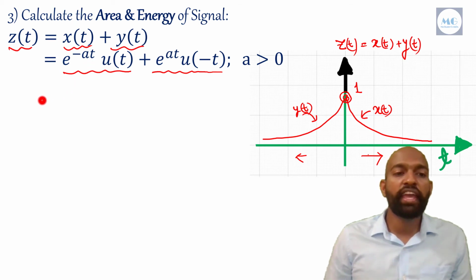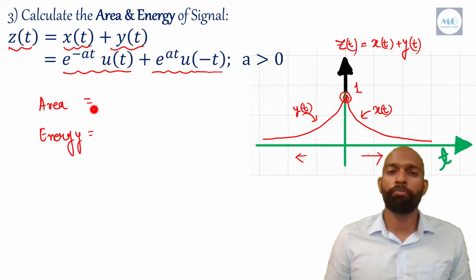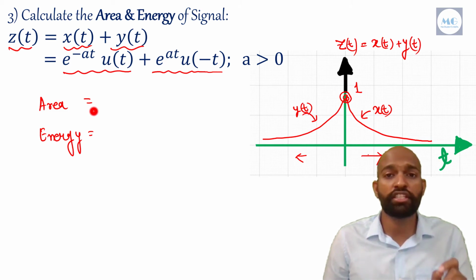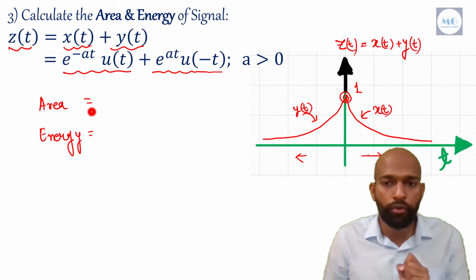So to find the area and energy of the signal, again we have two methods. The first method is from the formula which I have already told in question 1, in which we found the area is 1 by a and energy is 1 by 2a.